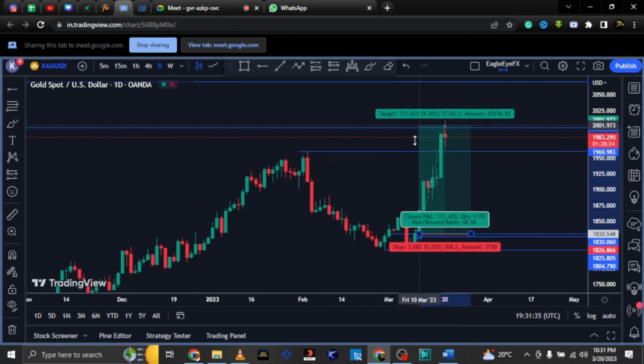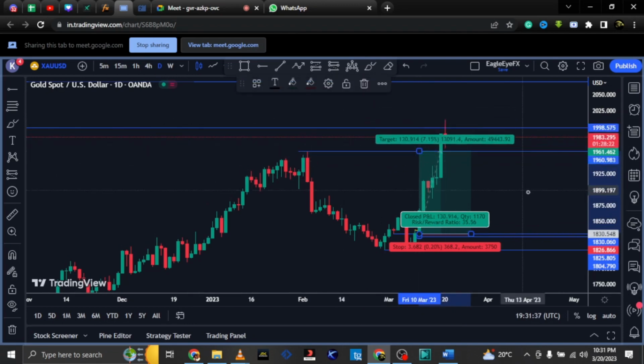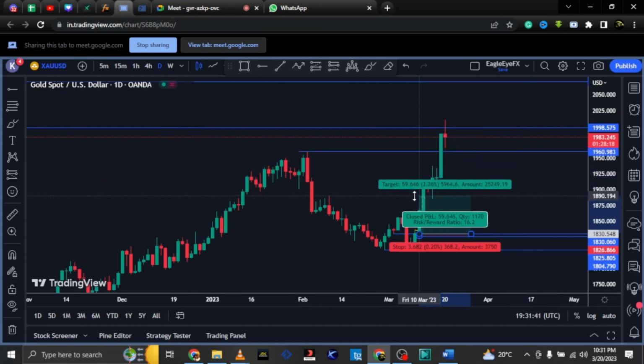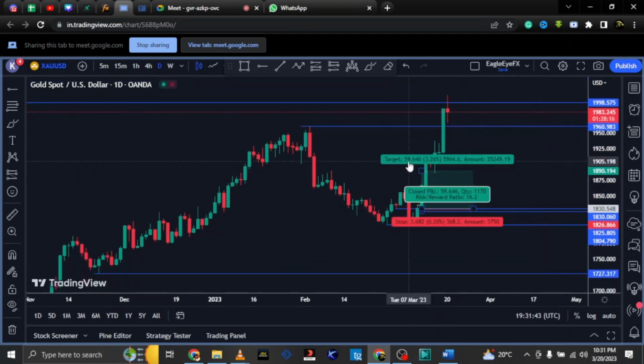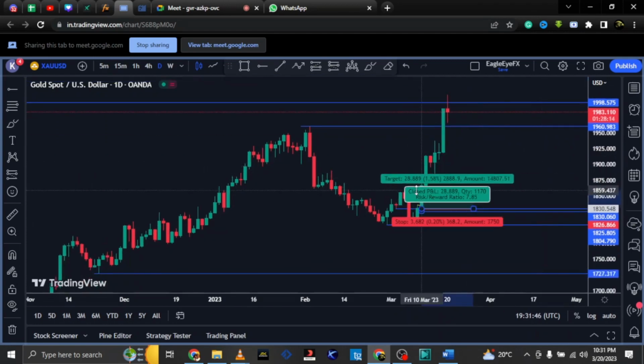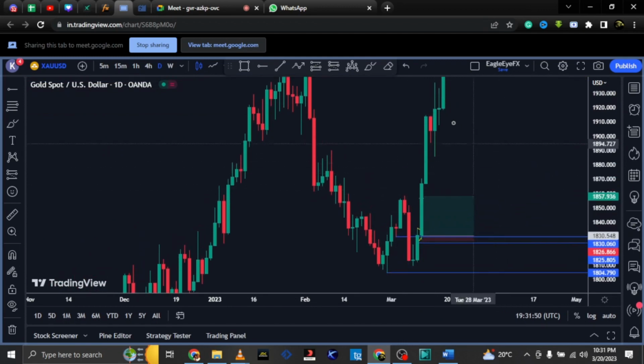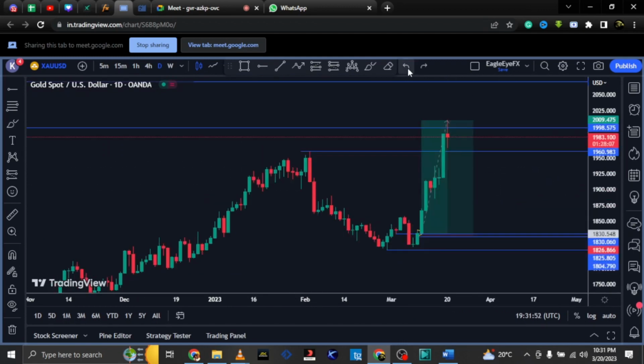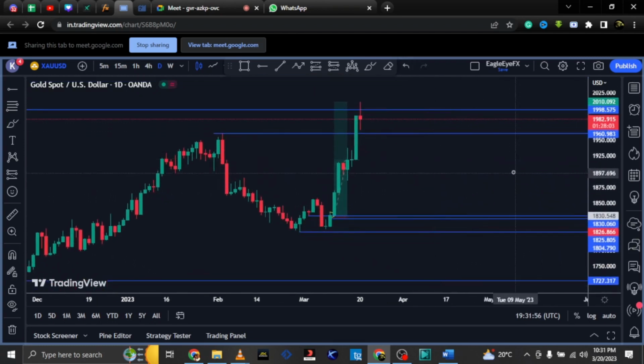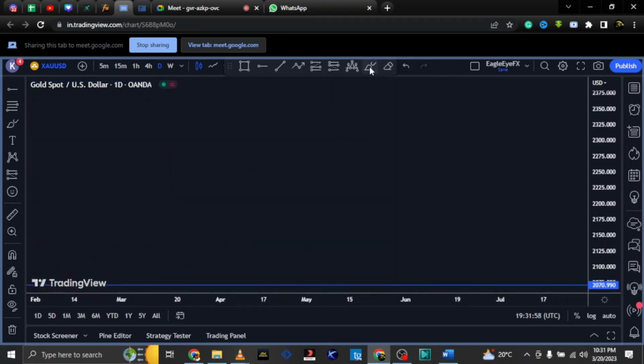Even if you had exited here, it's still 5%. Even if you exited here, 16%. Every move was massive. Even this one was 7%. Just here, 7%.